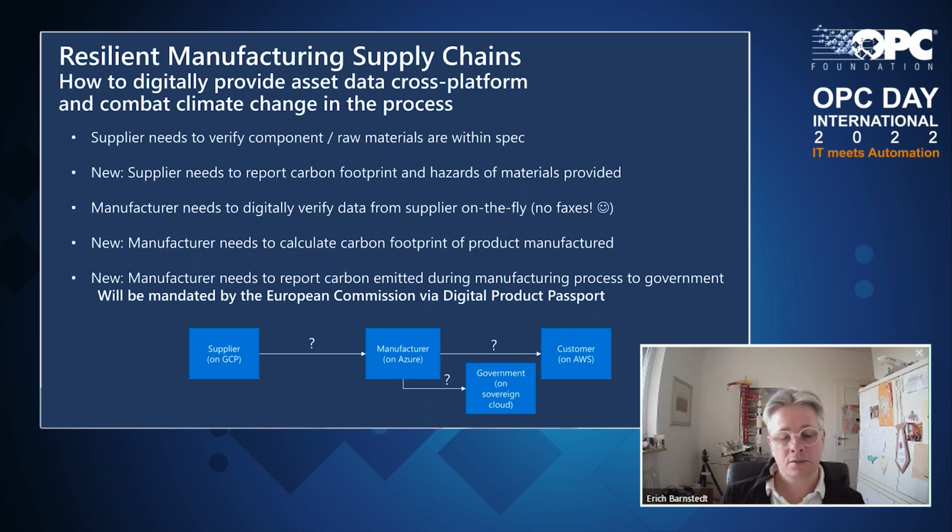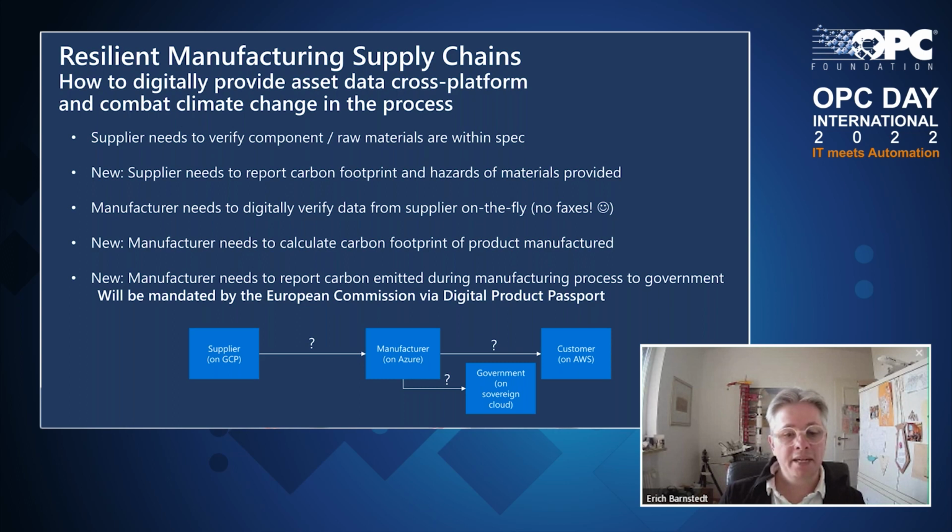So how do you calculate the carbon footprint of a product which has a supply chain which is 10 vendors deep, right? You need a cross-platform communication mechanism for that. And this is all static data, right? This is not time series data.